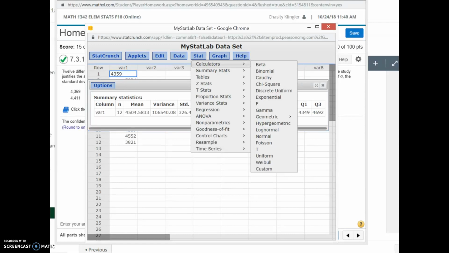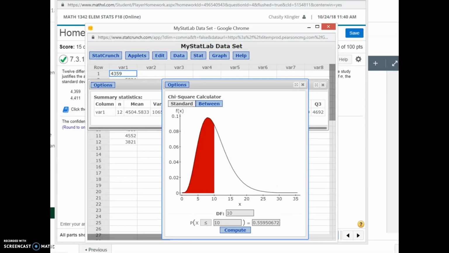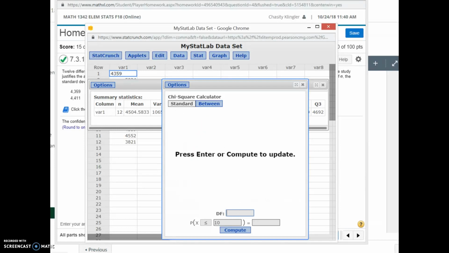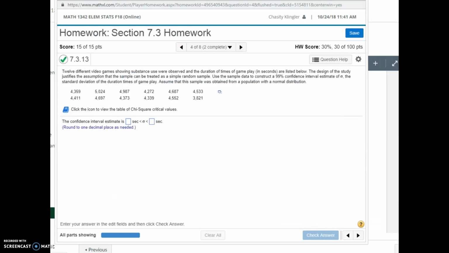Once I've found the sample standard deviation from the summary stats, you're going to go to the chi-squared distribution: Stat, Calculators, Chi-squared, and it asks for degrees of freedom. Remember, degrees of freedom is n minus 1. My sample size is 12, so I'm going to put in 11. And then my confidence level is 99.